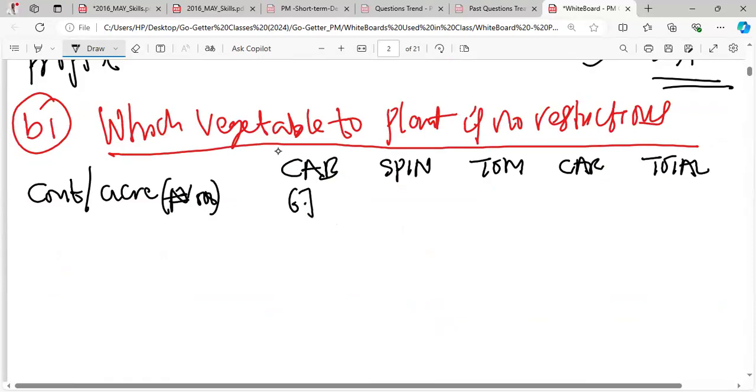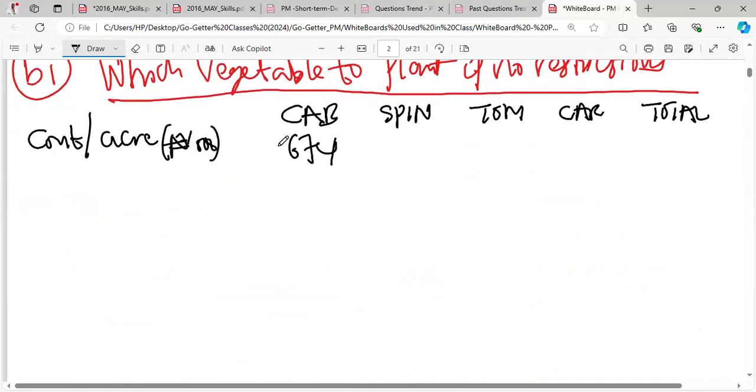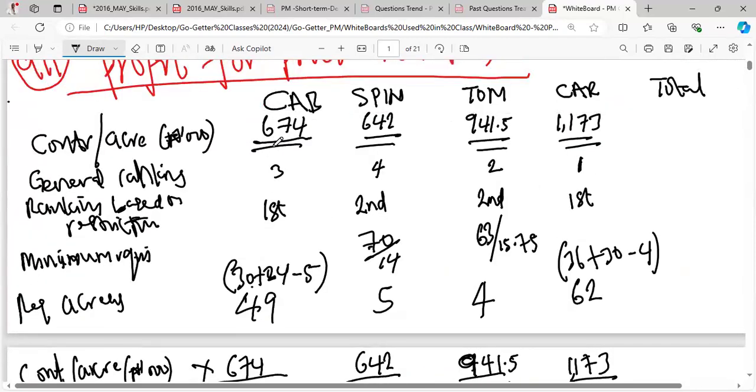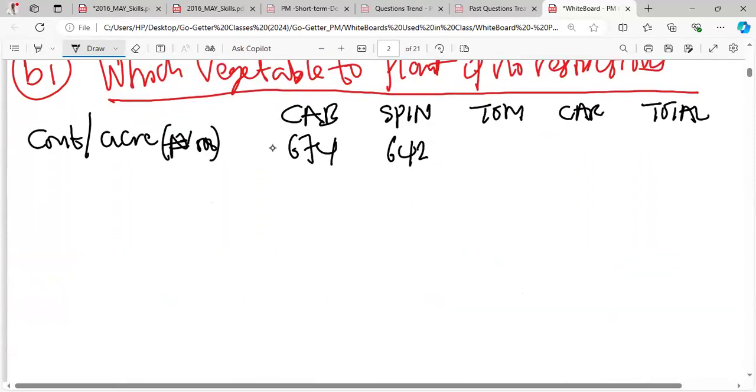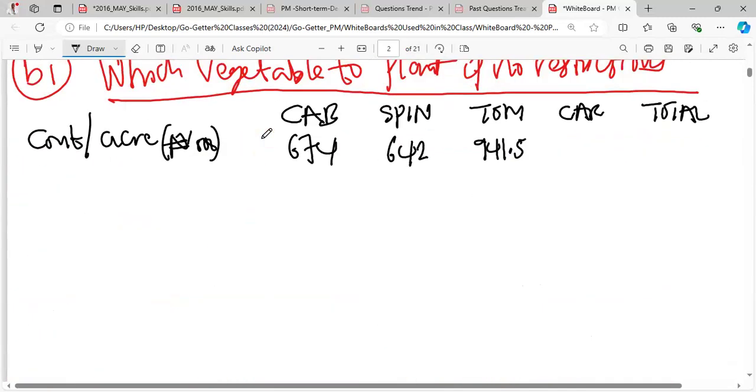So this is 674, 642, 941.5 and 1173. Now, if you look at this, there is no limiting factor here.